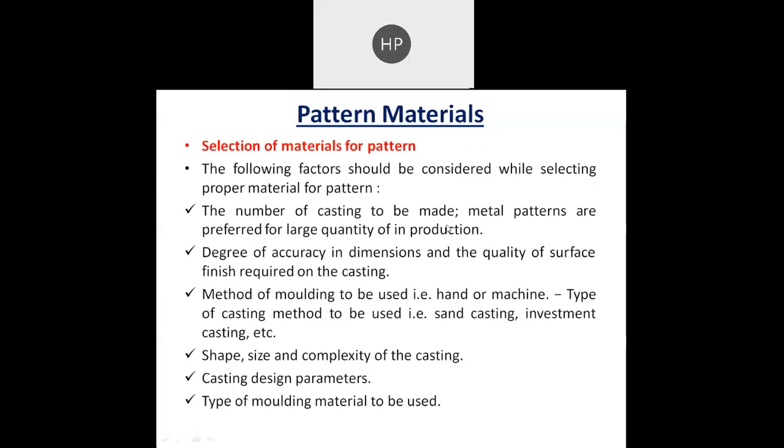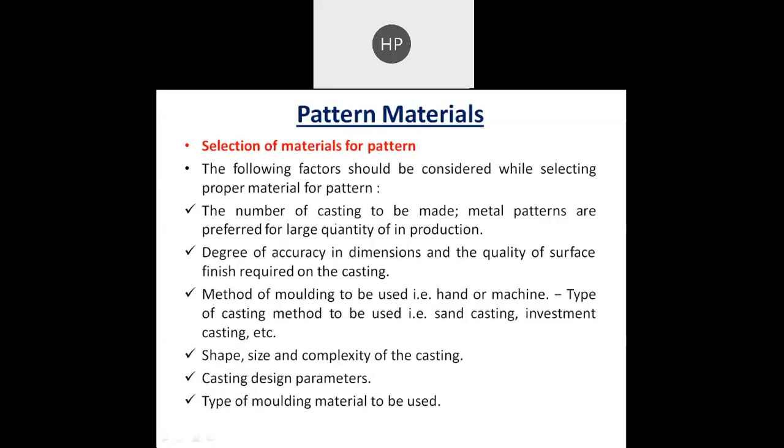So what are the factors? First, the number of castings to be made. How many castings are we going to produce using this casting process? Based on that we have to select the material, because if you are making a large number of products, then you have to select a material which has a long life.